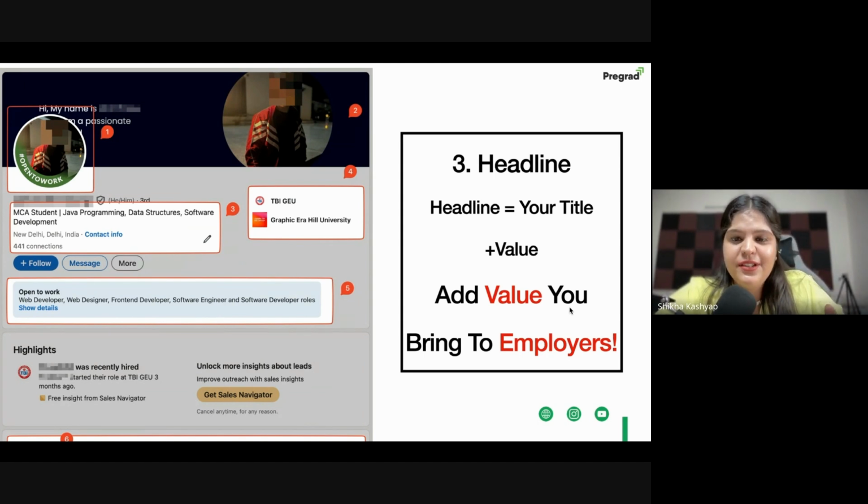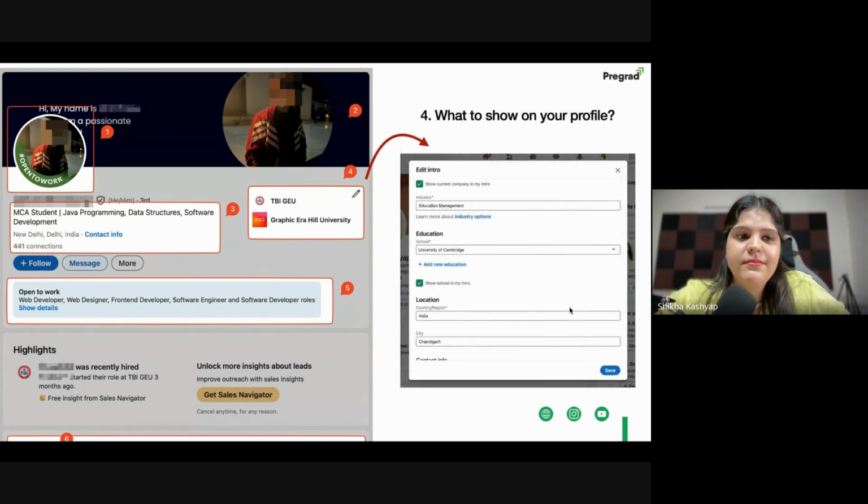Moving ahead to the next part, which is the most important: what to show on your profile. Now, if you see this profile, you can see this person has written two of his colleges here.